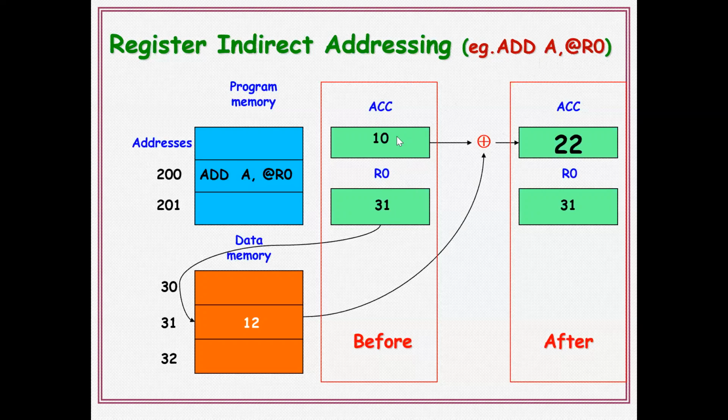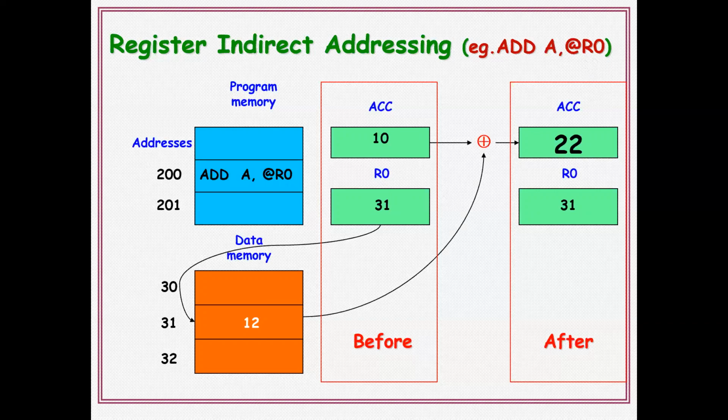A becomes the content value 10 plus the content of the memory location pointed to by R0. Here R0 contains 31H, which acts as a pointer.